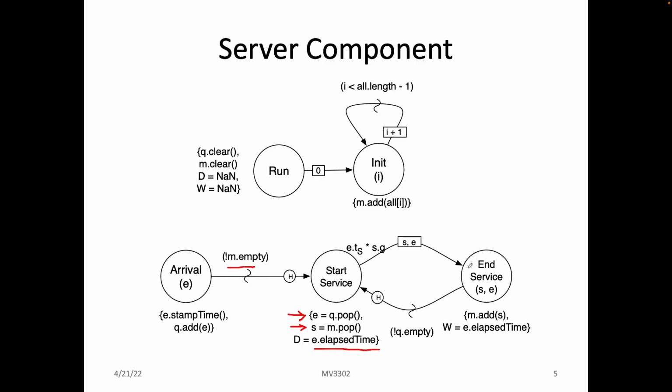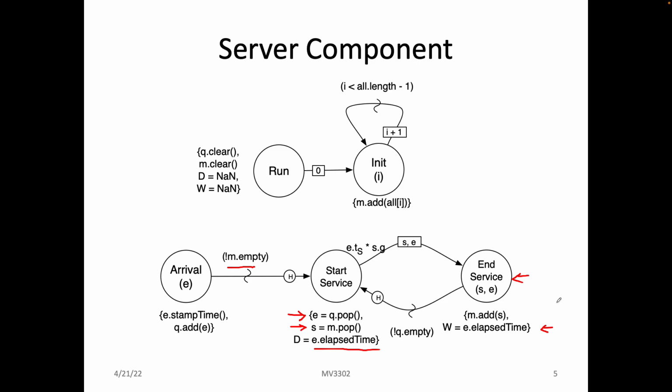Now, moving on, I'll deal with the scheduling edges on these a little bit later. So here's the thing on the end service event. There are two things. One is, if we want to estimate the time in the system, then we need to know which customer we're finishing service on.